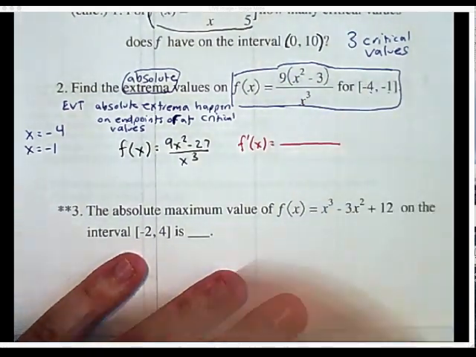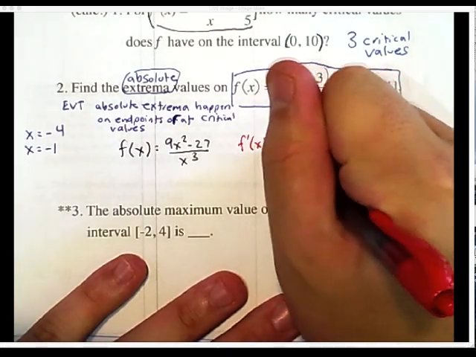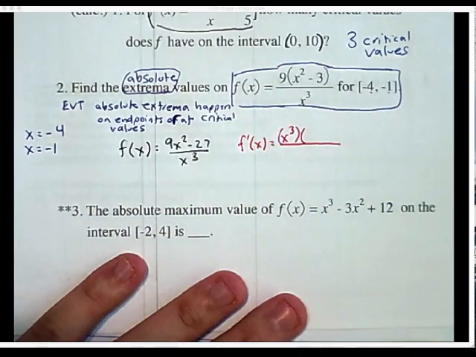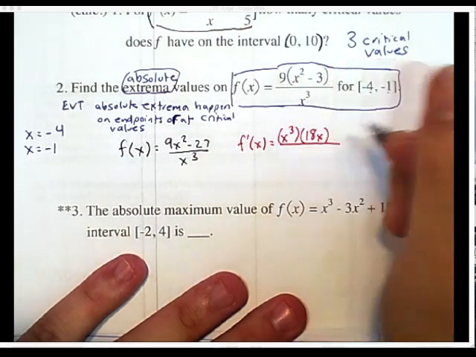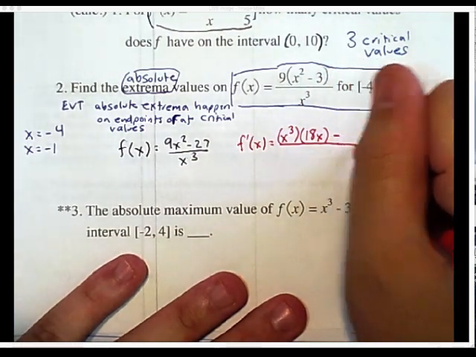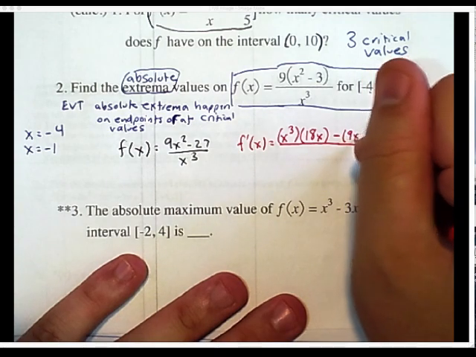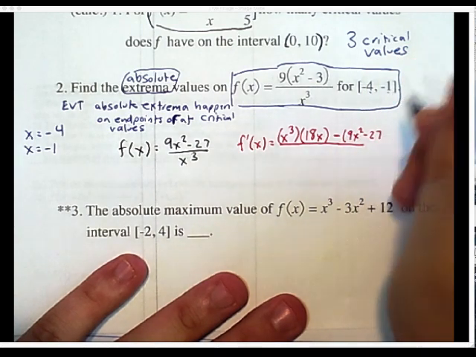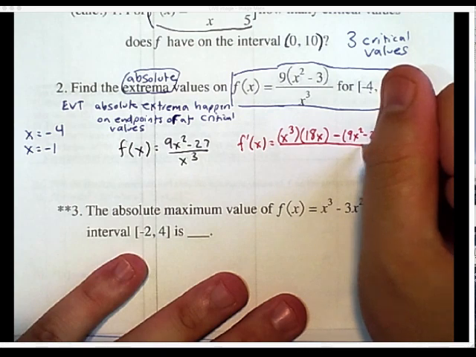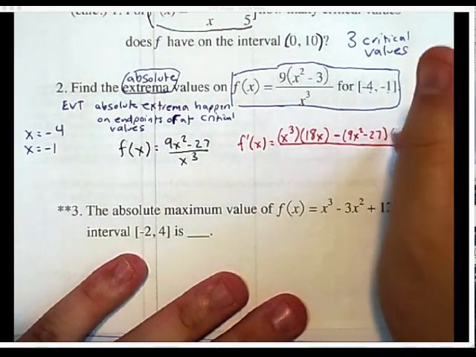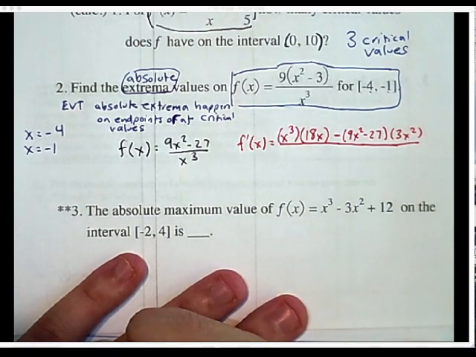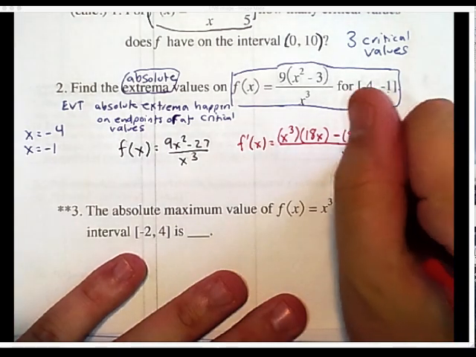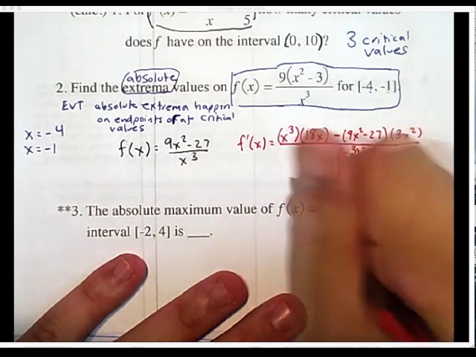Okay, so we say low x cubed, d high, derivative of 9x squared is 18x, minus high, 9x squared minus 27, d low, the derivative of the low would be 3x squared, okay, over low squared.